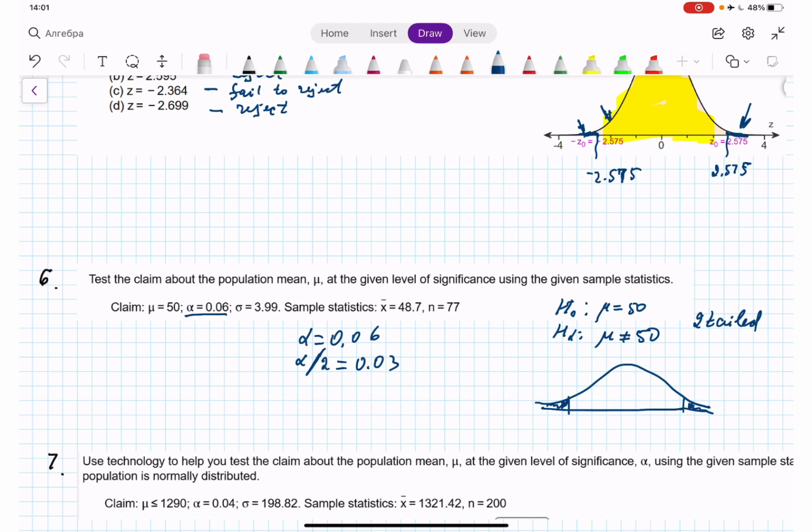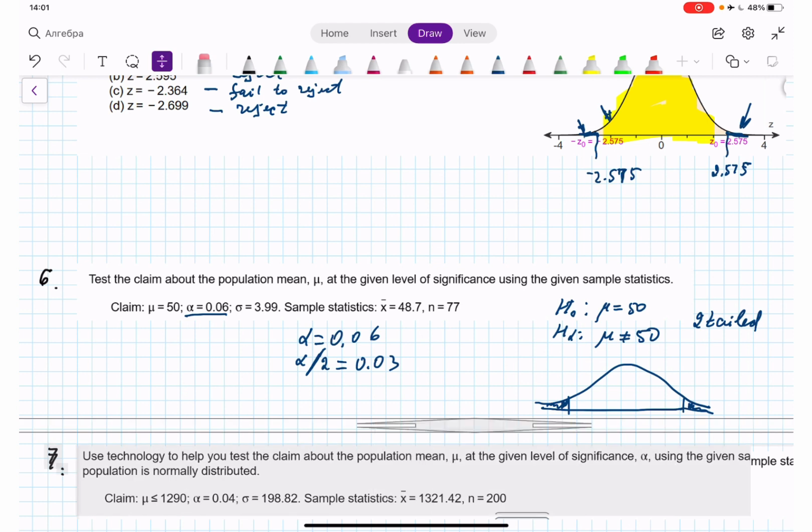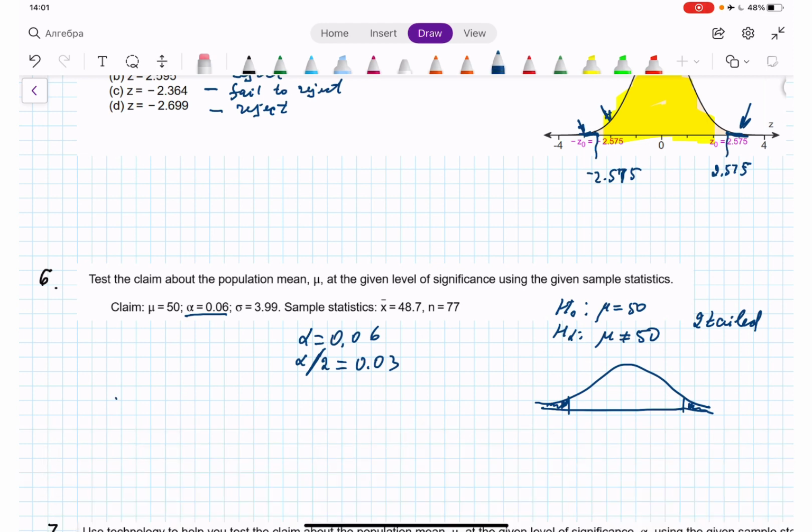So in our case, the formula: Z, the standardized test statistic, is equal to x bar, the average of the sample, minus mu, the average of the population, divided by sigma over square root n, where sigma is the standard deviation for the population and n is the sample size.